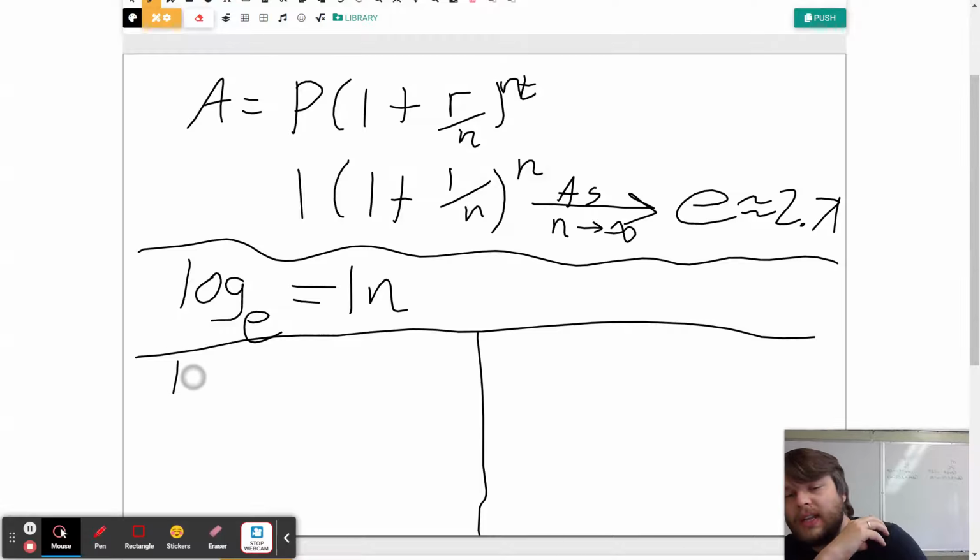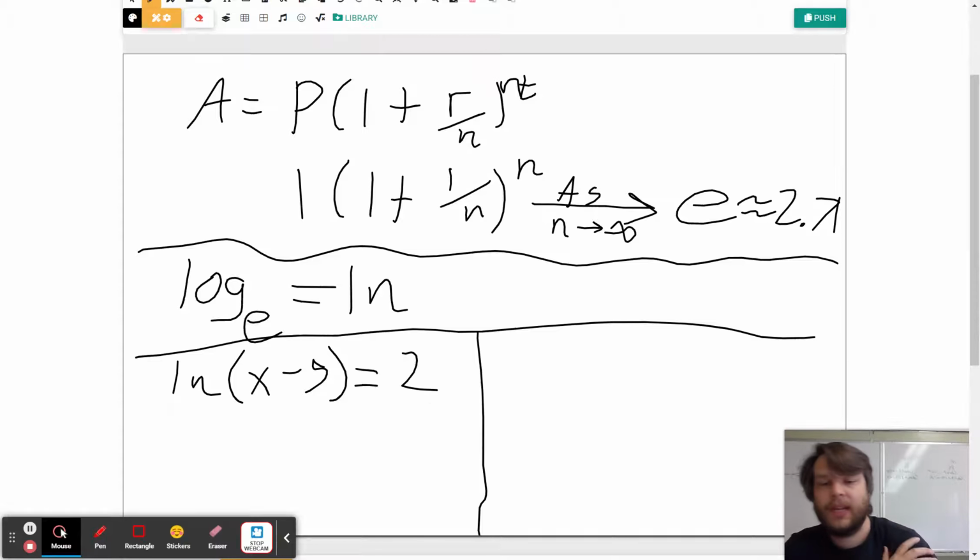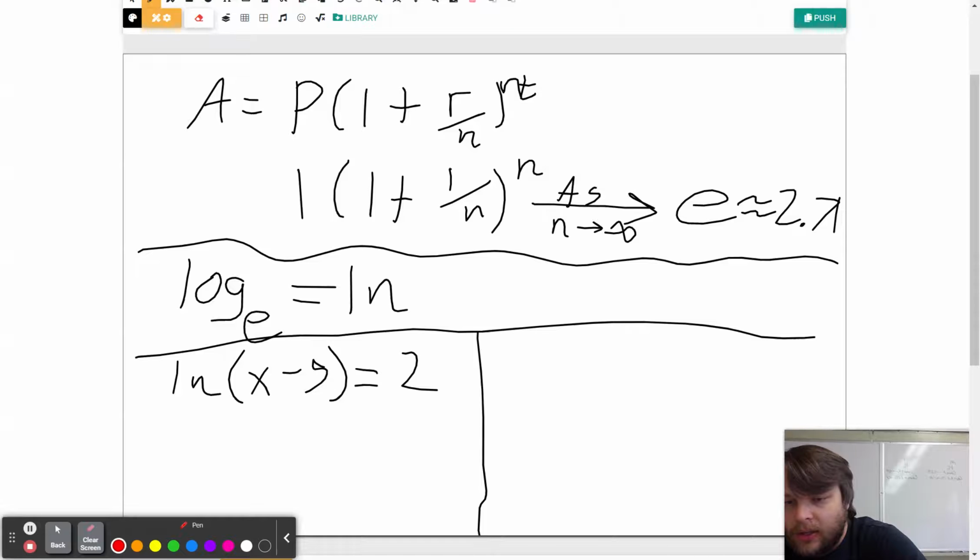So let's say I had ln of x minus 5 is equal to 2. And I'm trying to solve for x here. Well, I know that ln really means log with a base of e. So I can just cross off the ln, and I can think of it as log with a base of e.